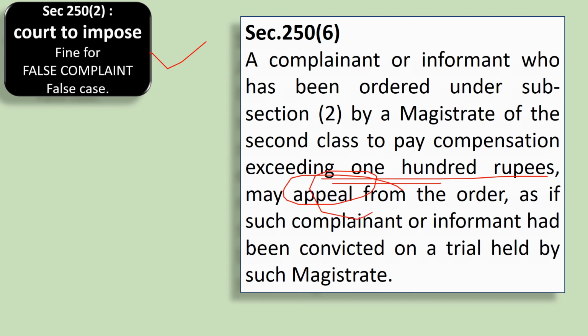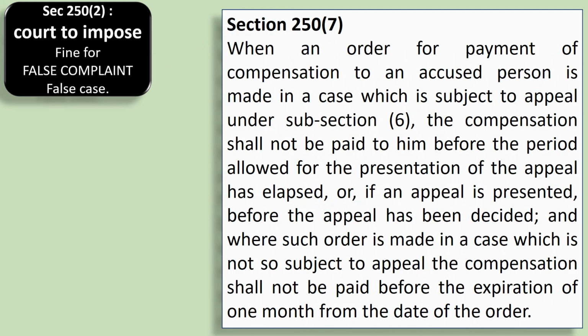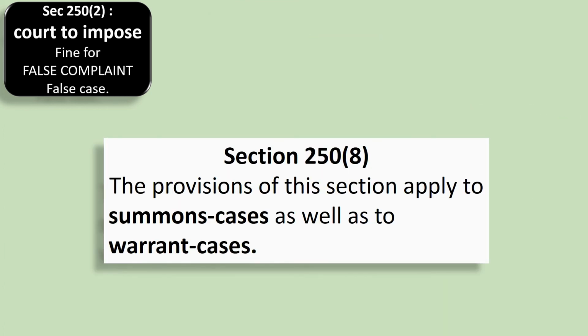And subsection 7 of section 250 informs if the appeal has been made under subsection 6 we just covered, then the accused or the informant does not need to pay the fine until and unless the decision on his appeal is taken. And the last one, subsection 8 of section 250. The provisions of this section apply to both summons cases as well as warrant cases. With this we come to the end of this lecture.